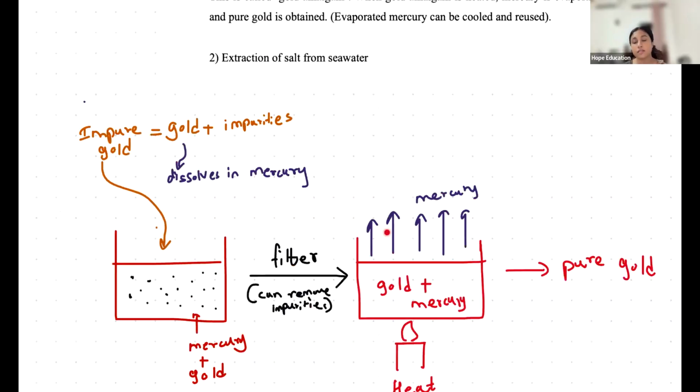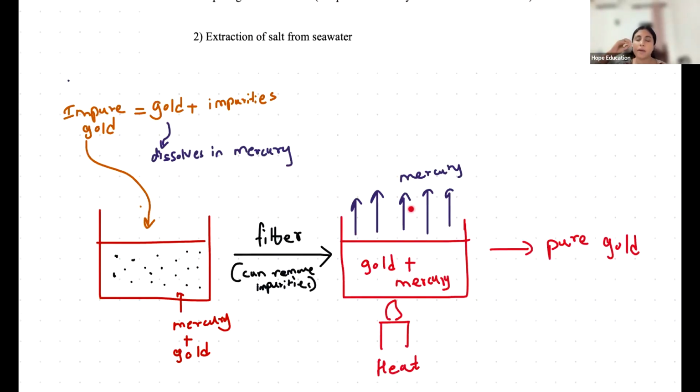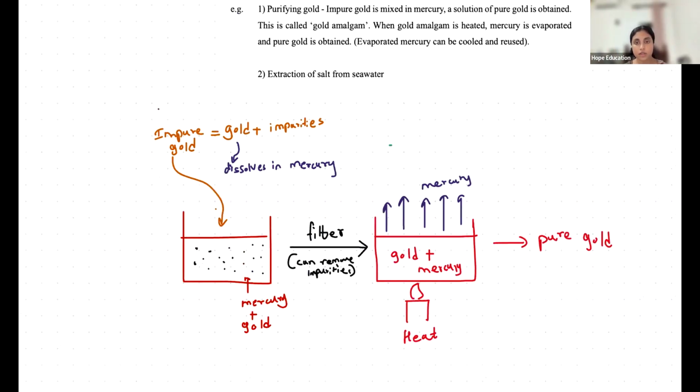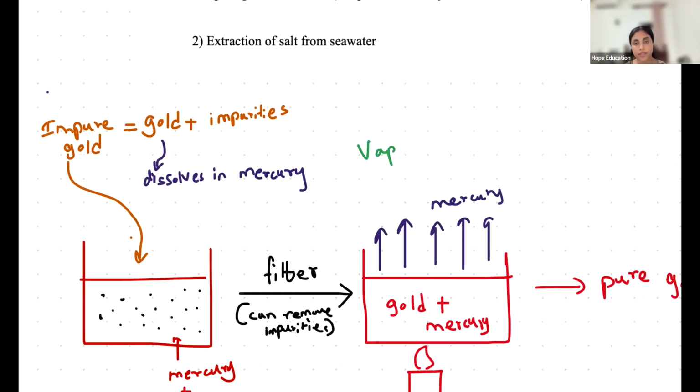When the mercury evaporates, what will remain is gold. From that I can get pure gold. So here I used the technique called vaporization or evaporation. That is a separating technique.